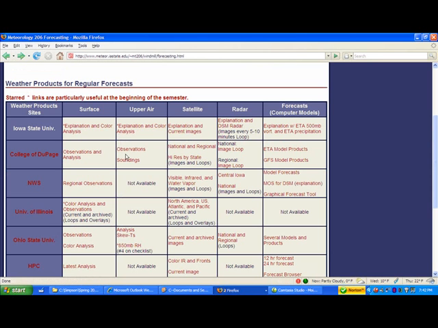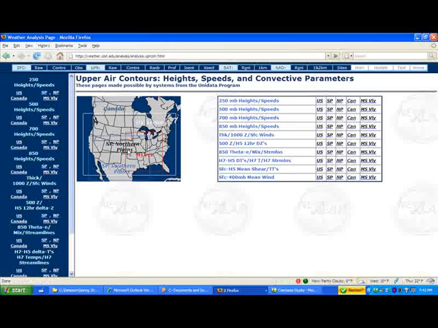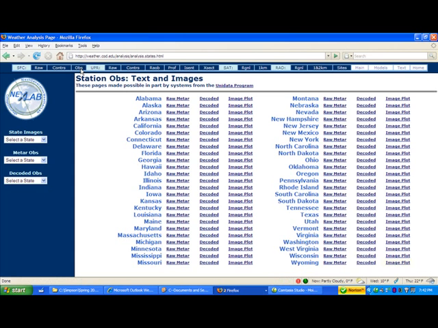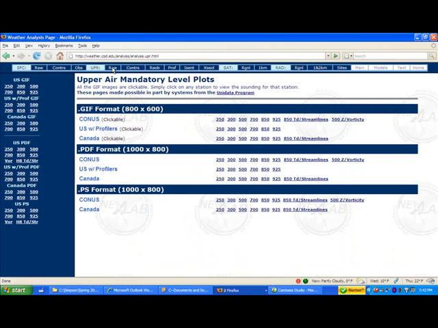Let's go to College of DuPage, and we'll look at observations. And again, we want upper air, and we want to look at 850 millibar temperatures. All I see are heights and speeds here. Let me see if I can go to observations. Okay, these are surface observations. I'm going to go to upper air raw.